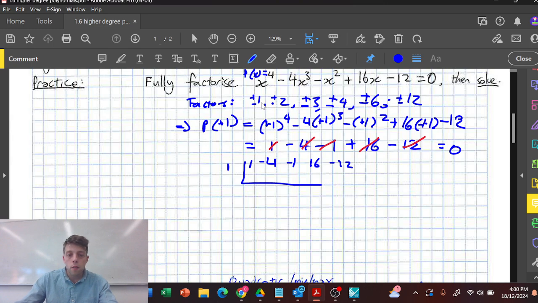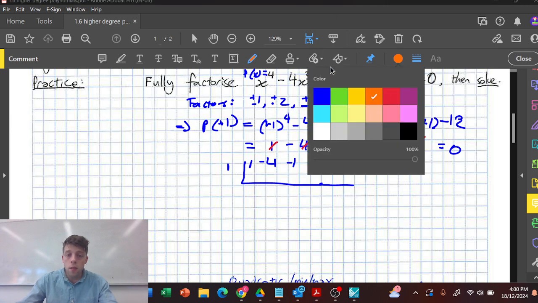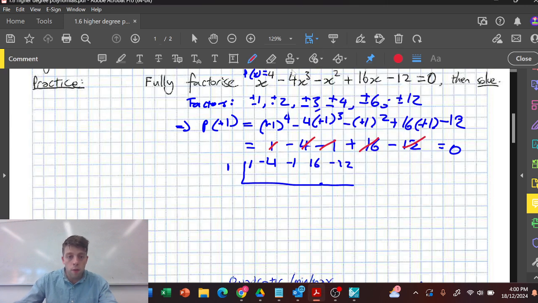And the procedure for synthetic division is I'm going to take the first number and drop it straight down. So I drop down this 1 term, it goes here. And then I go 1 times 1, which is equal to 1. I put it here.